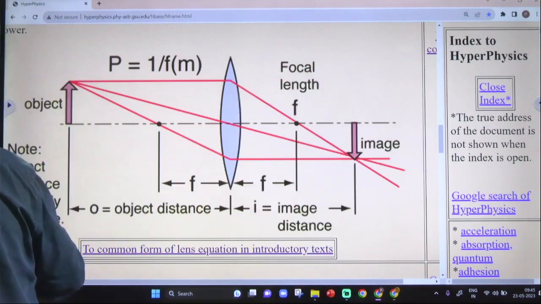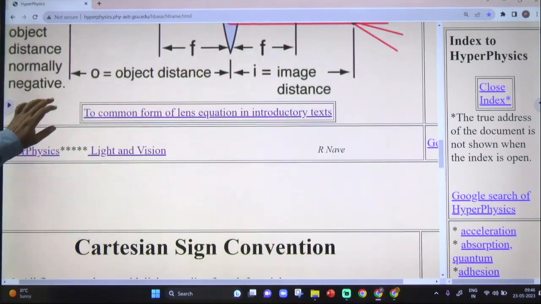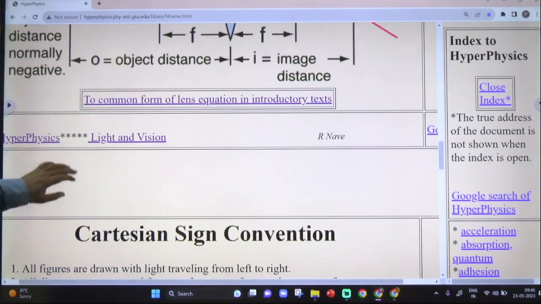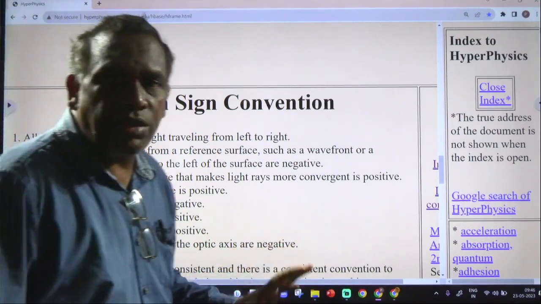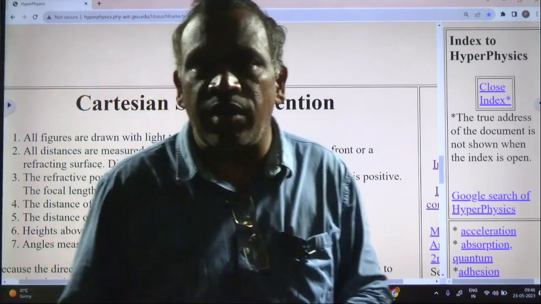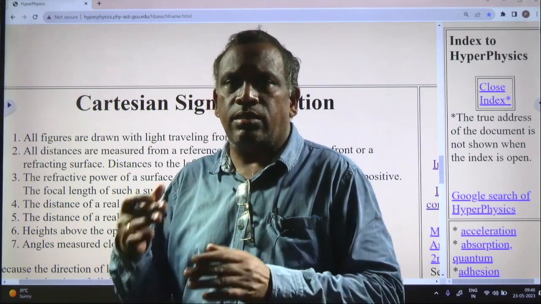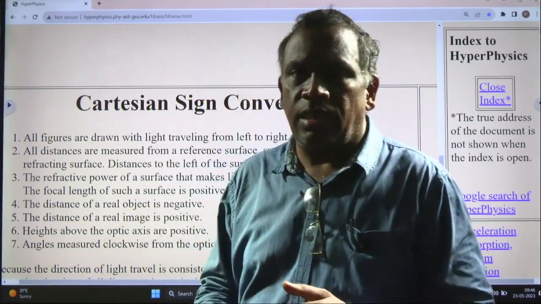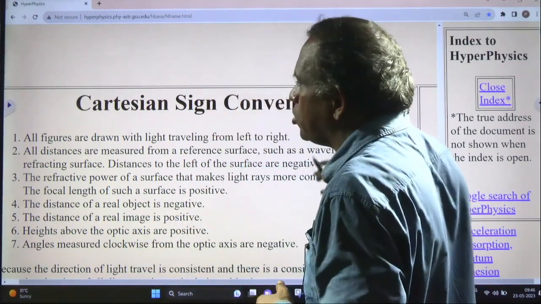There are some Cartesian sign conventions he is explaining. Cartesian sign conventions are what we follow when taking the values of object distance and image distance. If the image is above the principal axis, what should be taken?